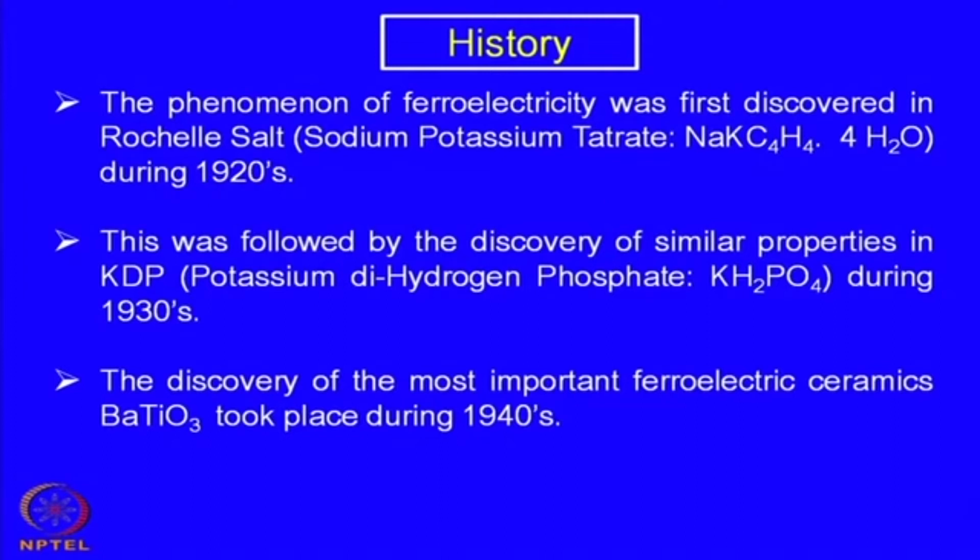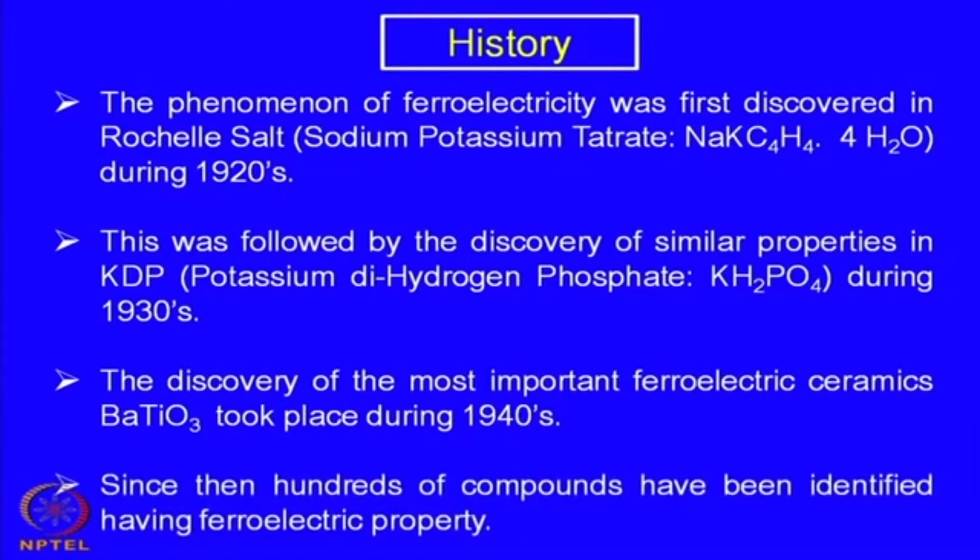So, it is basically a mixed oxide of barium oxide and titanium dioxide, and its melting point is much above 1000 degrees centigrade. So, it was difficult to make a single crystal of those, but it could be developed around the 1940s, and that was the beginning of a whole group of ferroelectric ceramics which has been discovered later on.